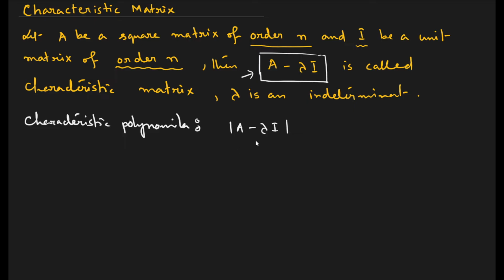If we take the determinant and expand it, we will get an expression. In the examples I'll show everything. This is the polynomial, called the characteristic polynomial.